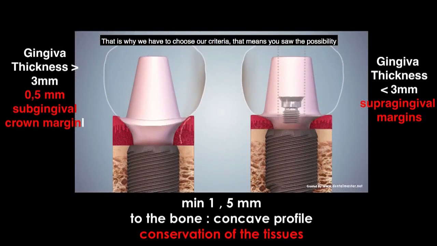That means you saw the possibility and the necessity of having a certain gingival height around implants. If we have the 3 millimeter gingival height, we might be able to place the margin of the abutment or the preparation margin paragingivally or slightly subgingivally in order to avoid the cement rests.